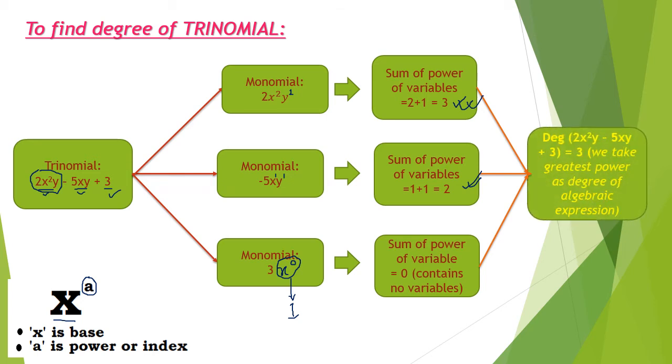We take the greatest power as the degree of the algebraic expression. The greatest power obtained from the sum of powers of variables is 3. So because of that, the degree of our trinomial is 3.